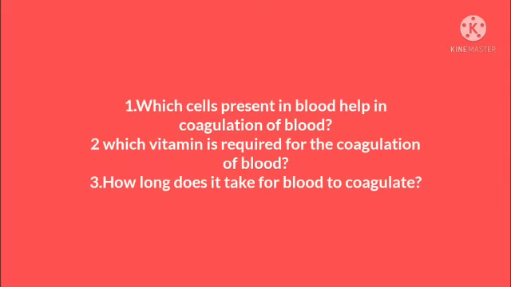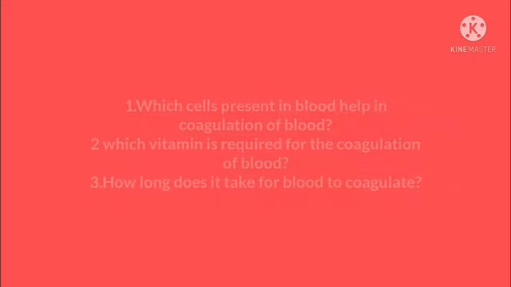Now answer the questions regarding the topic coagulation of blood. First question, which cells present in blood help in coagulation of blood? The second question is, which vitamin is required for coagulation of blood? And the third question is, how long does it take for blood to coagulate? Now check the answers.